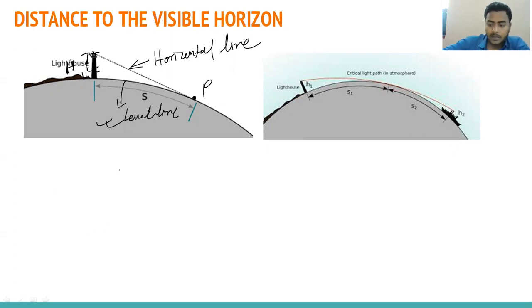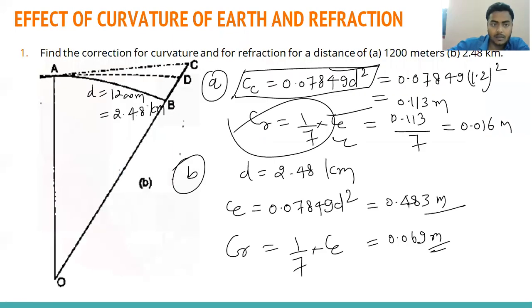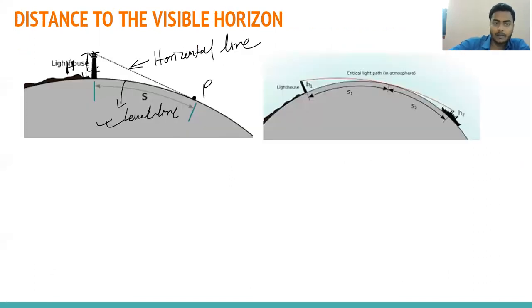Just now we have discussed this figure. This one, BD, is C. C means combined correction. So let this height be C. What is the combined correction? When you go a long run, the horizontal line departs from the level line.